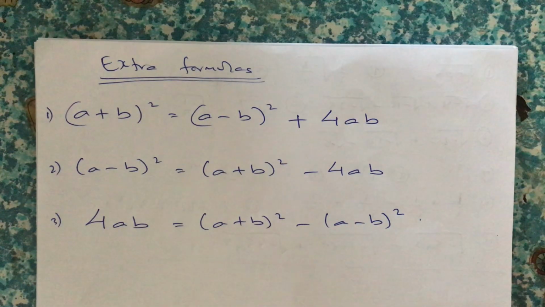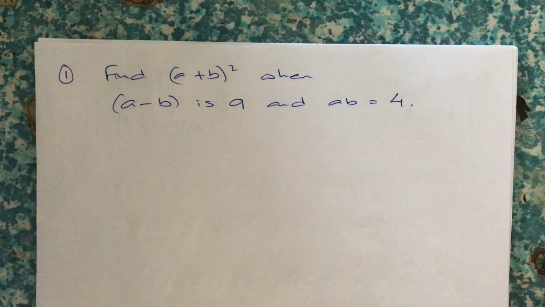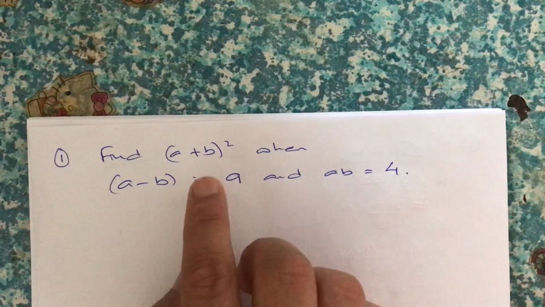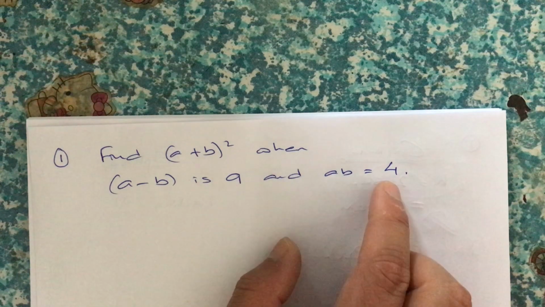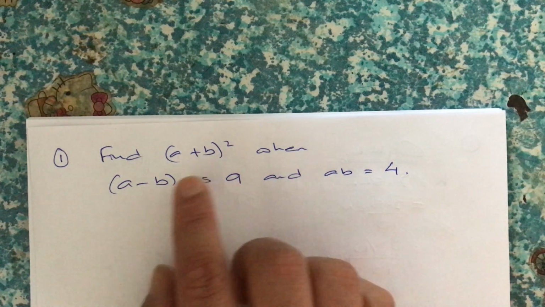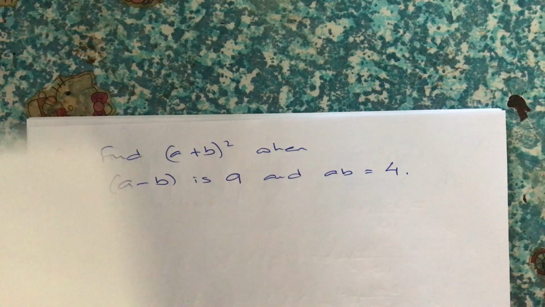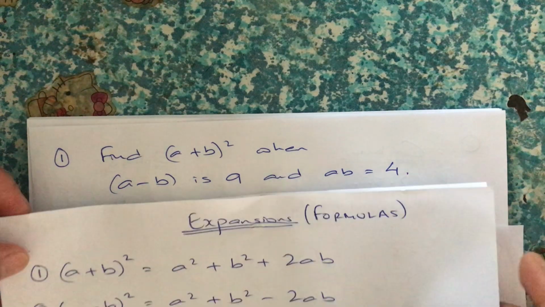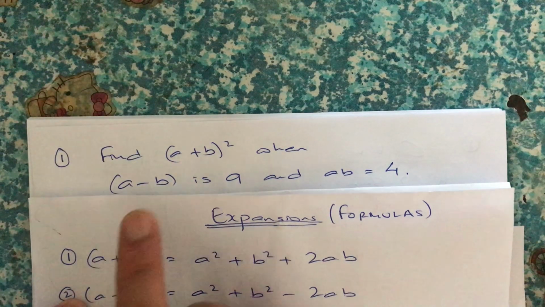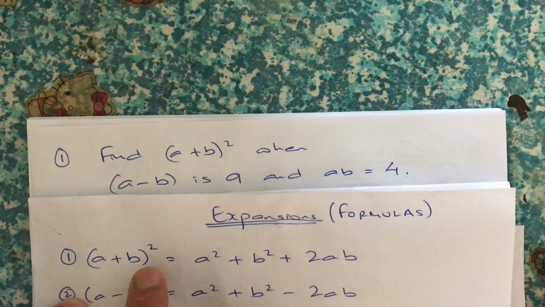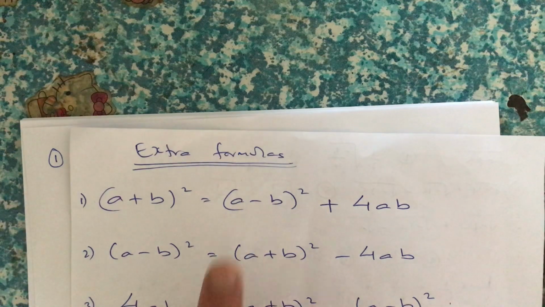Now where do we apply something like this? Let's say for example we have this question: find (a plus b) whole square when a minus b is 9 and ab is equal to 4. When do I use this formula and when do I use the new formula?